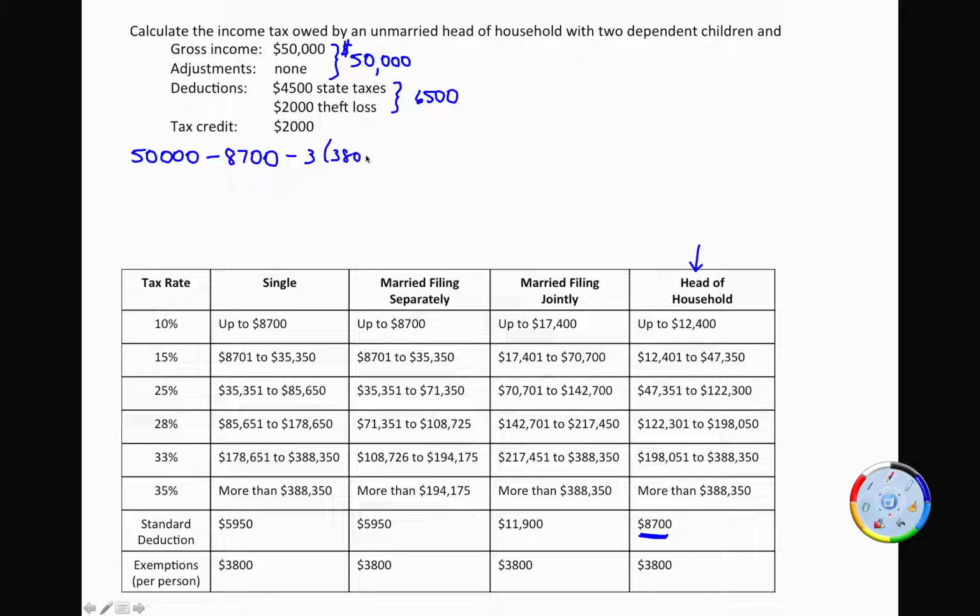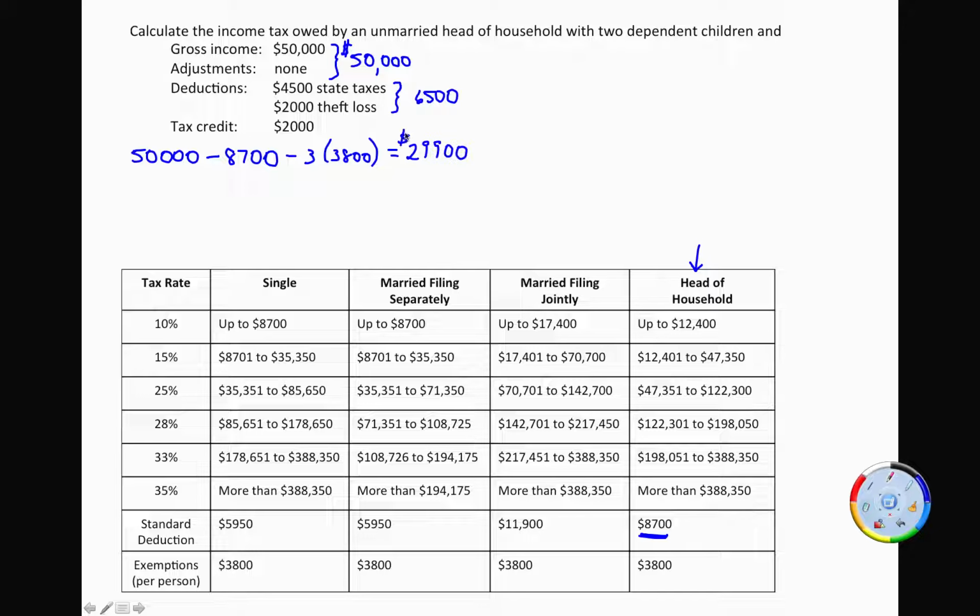Right? So I can just say minus 3,800, minus 3,800, minus 3,800. All right, so let's see what our taxable income is. $50,000 minus 8,700 minus 3 times 3,800 gives us $29,900.